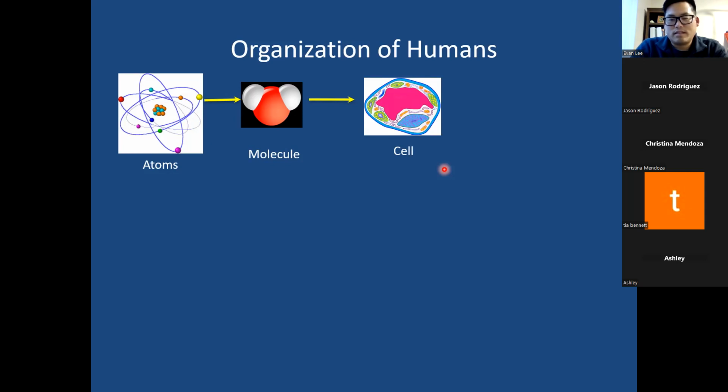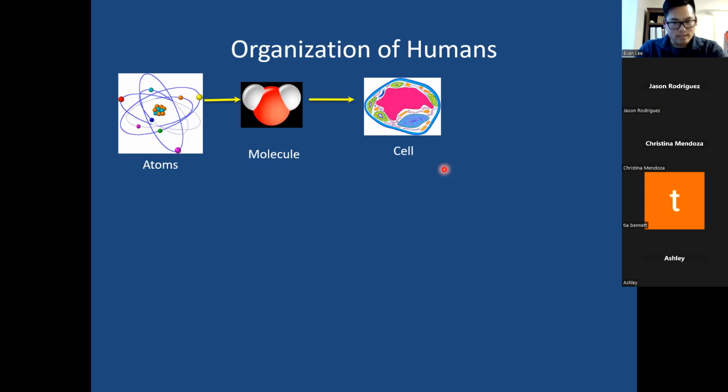These cells are very specific organizations of molecules, but basically, when you put those molecules together, the next level that we get is a cell. Once again, there are many different types of cells, including muscle cells, skin cells, bone cells, nerve cells.